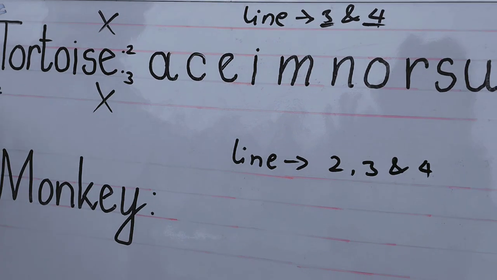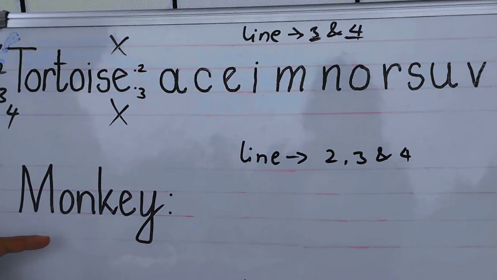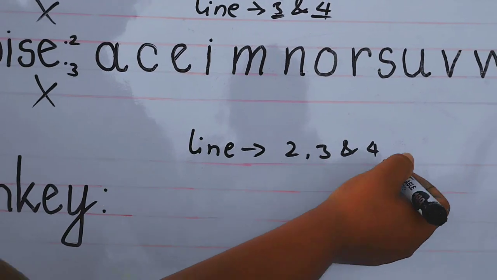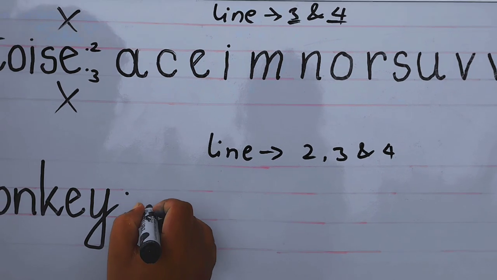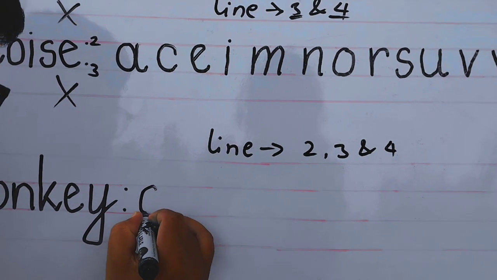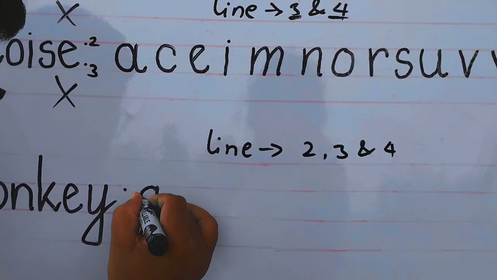Now tortoise letters are over. Next, monkey letters. Monkeys have long tails, so they use the second, third, and fourth lines. For example, G. This should be round.